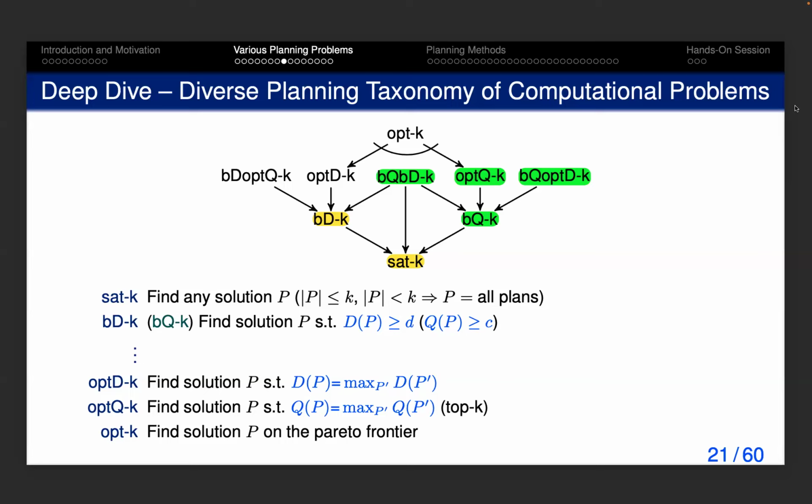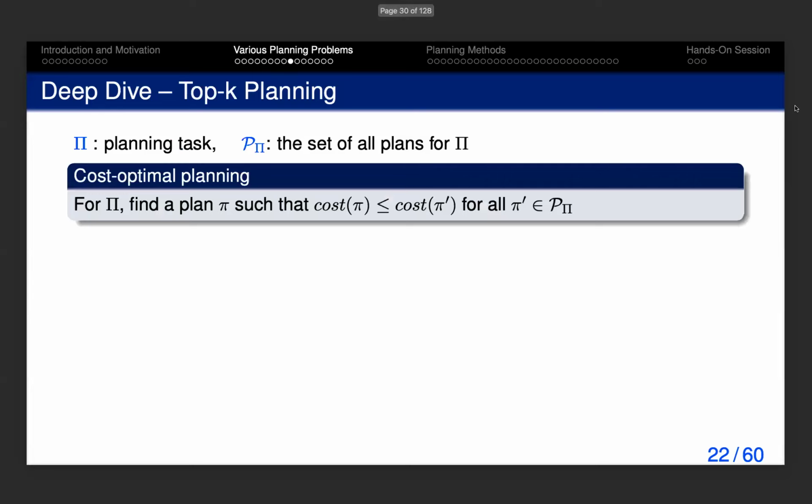They changed the planner to take those metrics into account while computing the plans, whereas the planners that we introduced do it in post-processing. So we find a set of plans, and then with some different approaches, we post-process these plans to take into account all of the diversity metrics or quality metrics that we have in mind. So it's not hard-coded into any of our planners. All right, with that, I pass it to Michael.